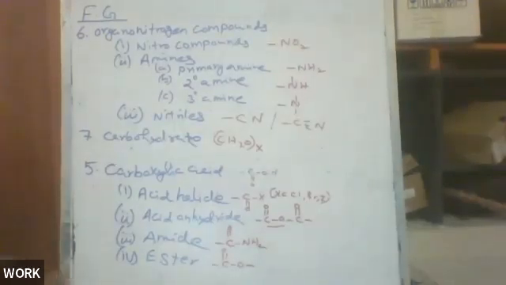Some of the bonds are not polar at all because their electronegativity is the same. Then how does the reaction go? What are the types of organic reactions? When you take formic acid and acetic acid, formic acid is more acidic than acetic acid. Both contain the COOH group only, but formic acid is more acidic.